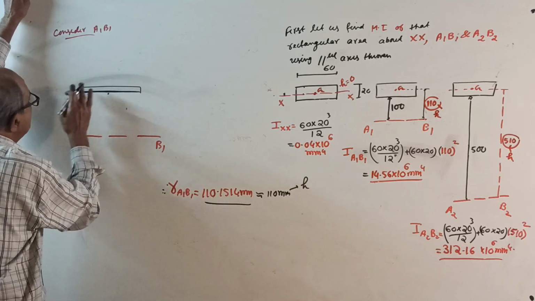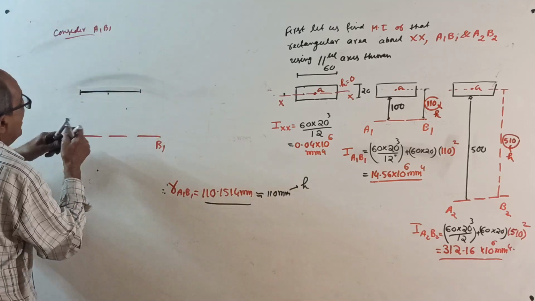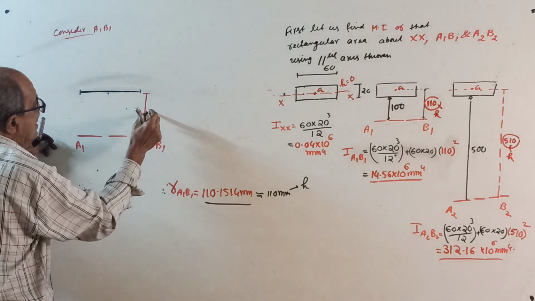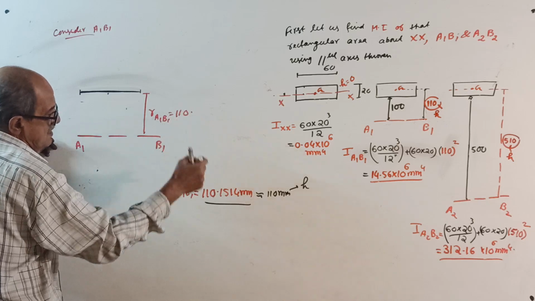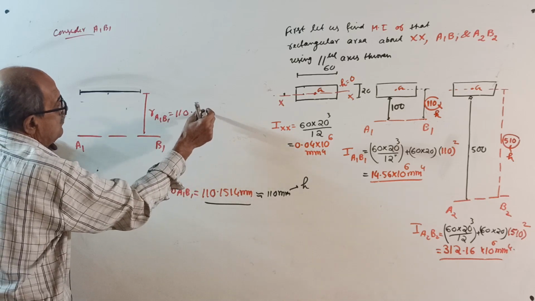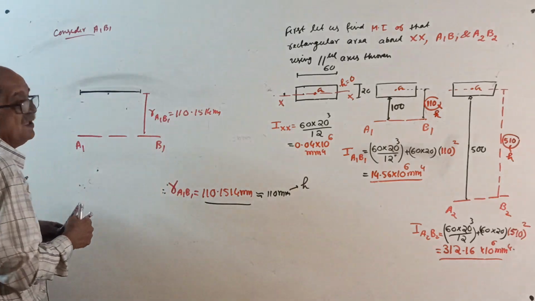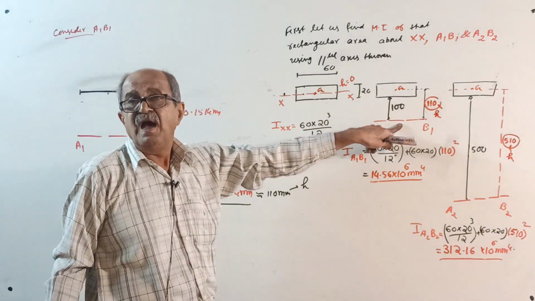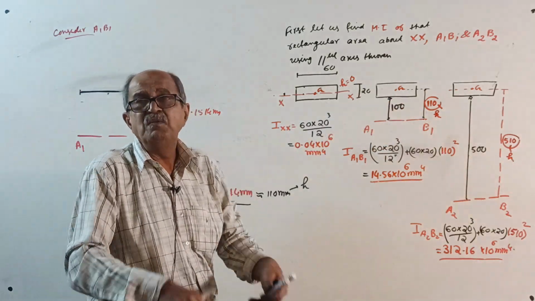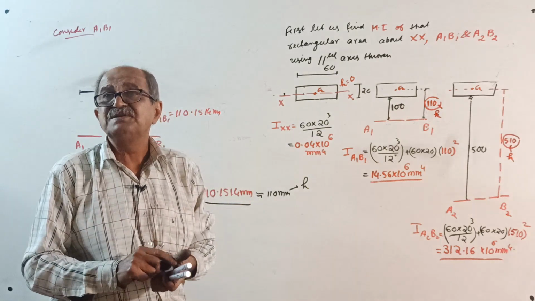Now this R about A1B1 equals 110.1514 millimeter. As the distance of the required axis moves more and more away, dispersion is more.